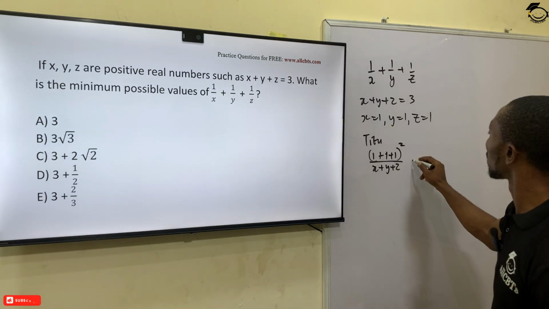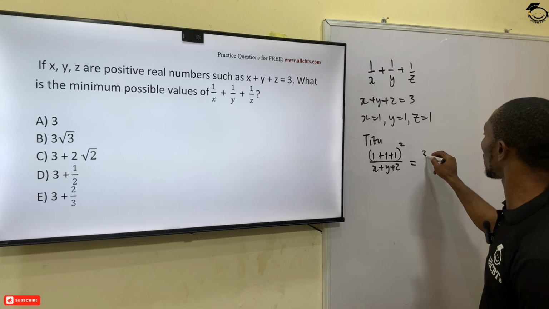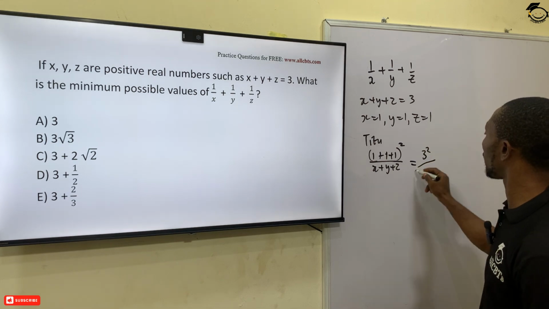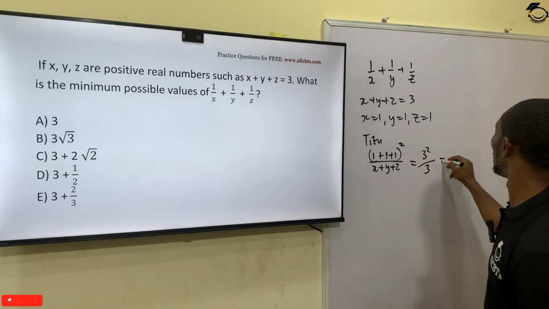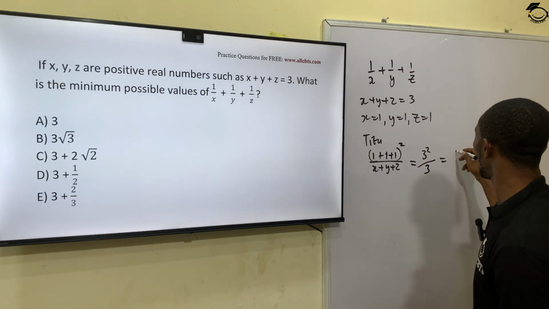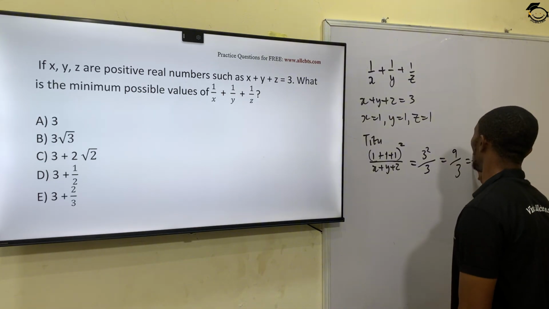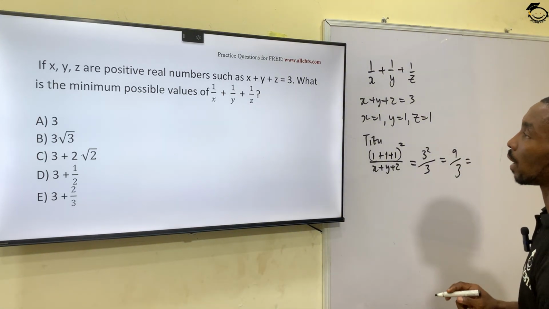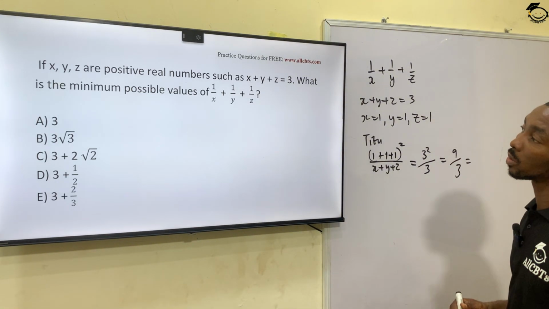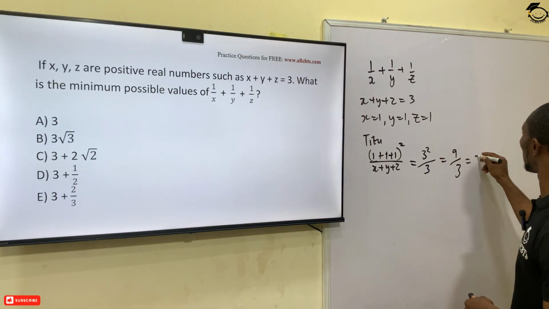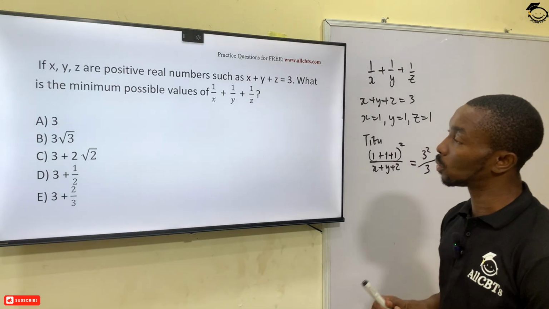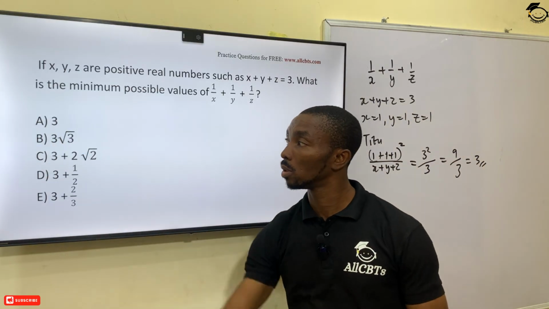Okay, now this will give us 3 squared over the value of x plus y plus z, which is 3, which gives us 9 over 3. So the minimum possible value for 1 over x plus 1 over y plus 1 over z will be 3, which is our option A.